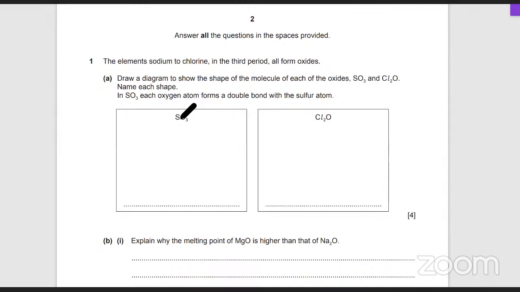The sulfur has 6 electrons, so if it forms 3 double bonds, there won't be any lone pairs, क्योंकि sulfur had 6 electrons, all 6 got used up. ठीक है, so just 3 bonding pairs, that's trigonal, so that's going to be trigonal planar, fan shaped, 120 degrees the angle.